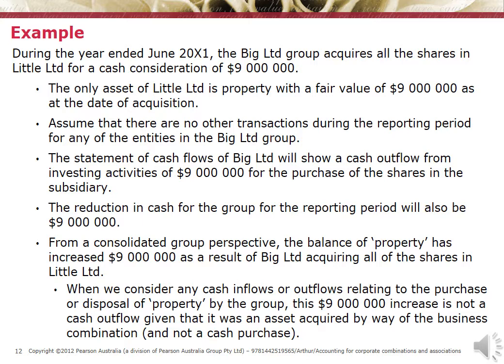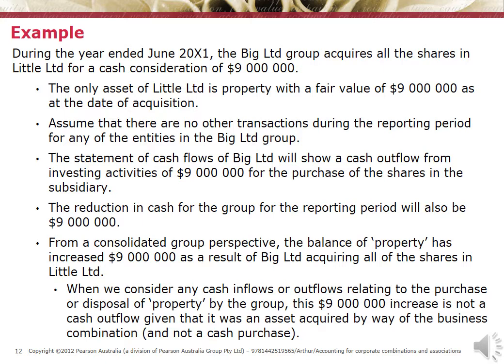From a consolidated perspective, the balance of property has increased $9 million as a result of Big acquiring all the shares in Little. So the transaction that occurred with this acquisition was a credit to cash $9 million and a debit to property, plant and equipment $9 million.